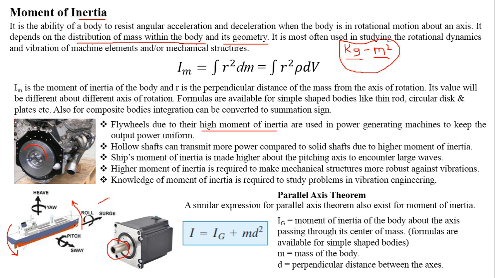And if very high waves are coming from the front like this, this ship can really encounter these high waves and tides because it has a very high moment of inertia about its pitching axis. So it is part of the design of naval architecture, ships and gunships.